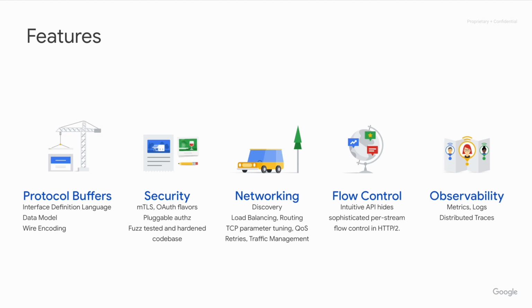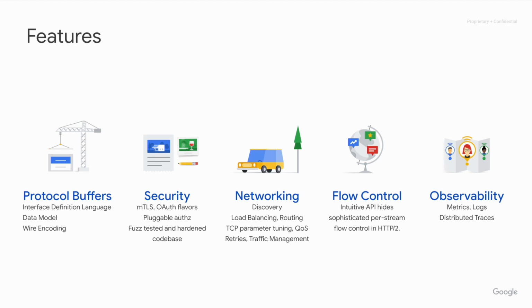Security has always been a priority for gRPC. Since the beginning, gRPC has supported pluggable transport and application security solutions for things like TLS and mTLS, OAuth, various OAuth flavors, and plugins for authorization and authentication.